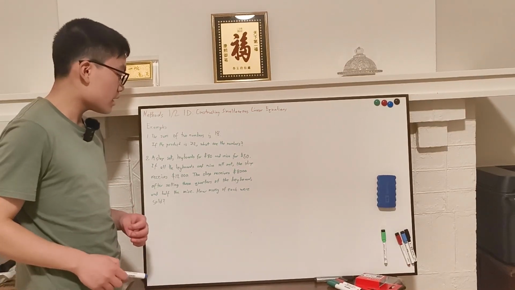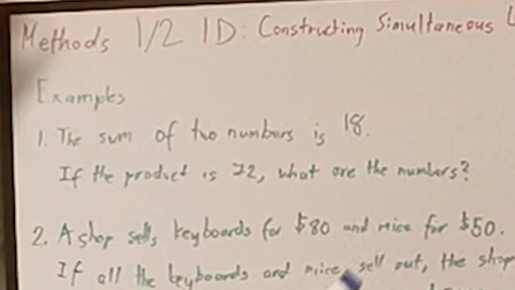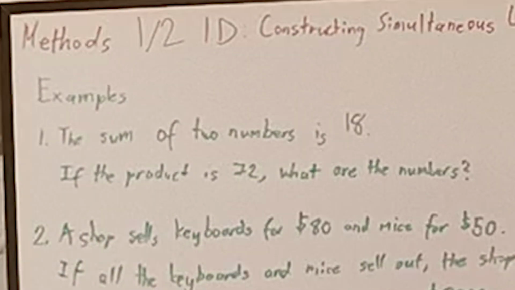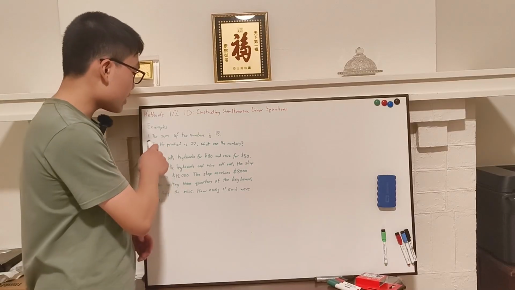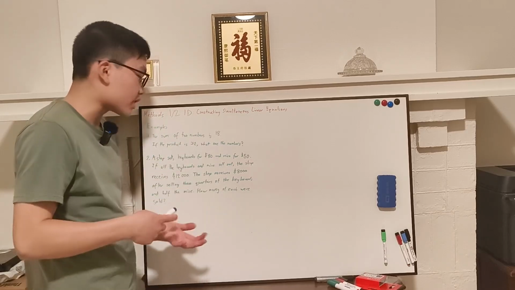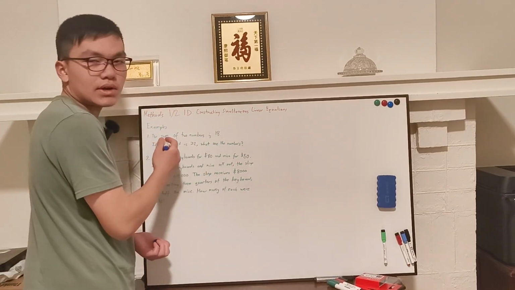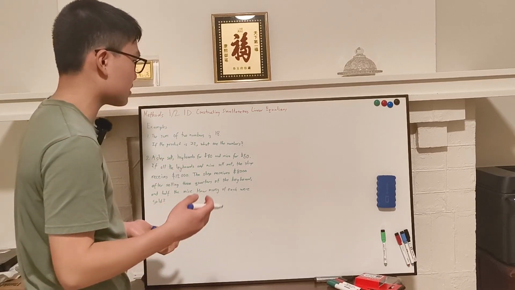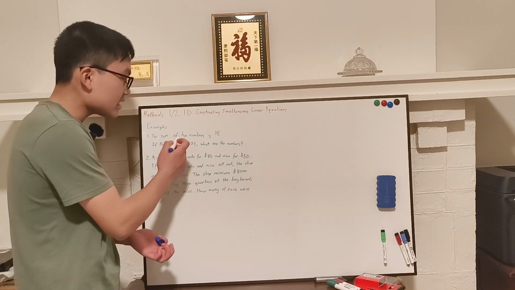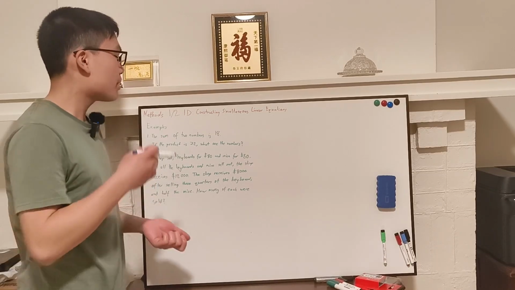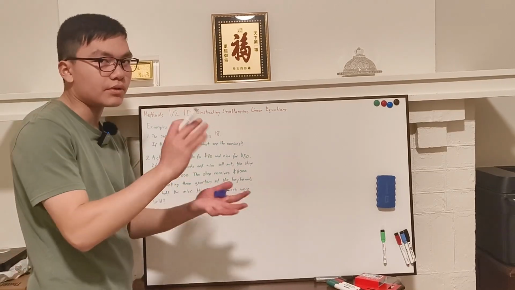Question number one: the sum of two numbers is 18. If the product is 72, what are the two numbers? Okay, now this is interesting. Whenever we have simultaneous linear equations, if it says two numbers, sometimes that can mean the same number, but most of the time it's going to be two different numbers.